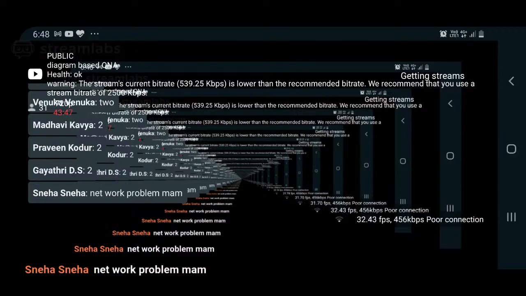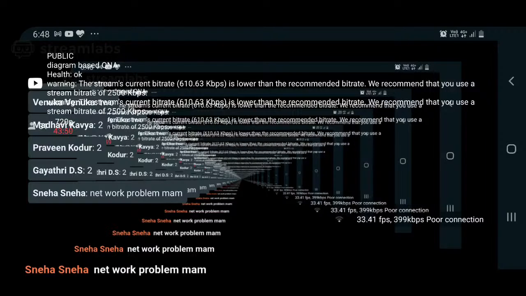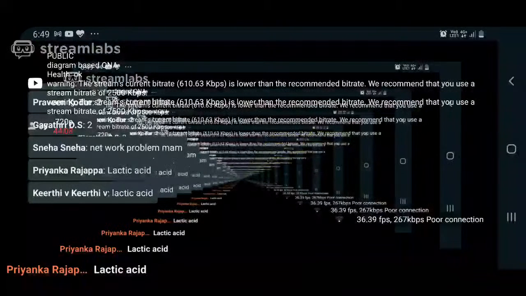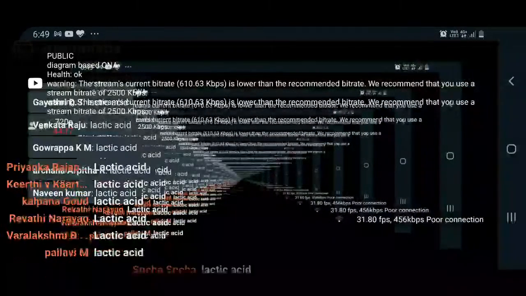An athletic sports player suddenly falls in the game because of muscle cramp, and this is due to the formation of what? You answered lactic acid. Due to the formation of lactic acid, an athletic player will face muscle cramps. Very good answer, Priyanka, Kirti. And all of you answered correctly. Lactic acid is the right answer.